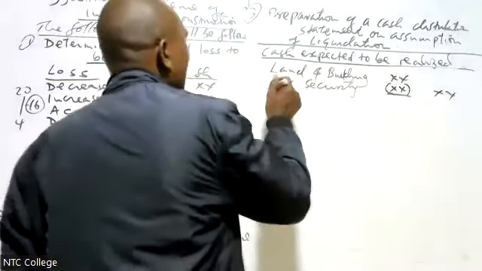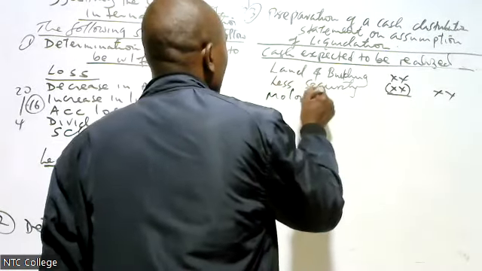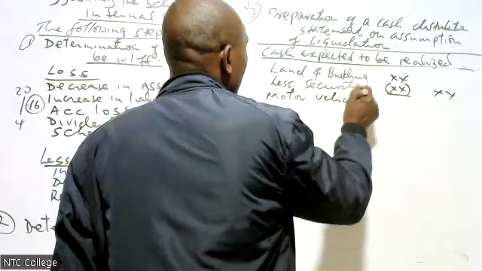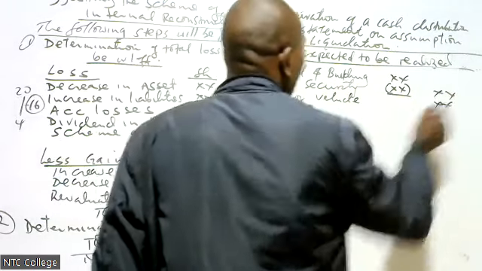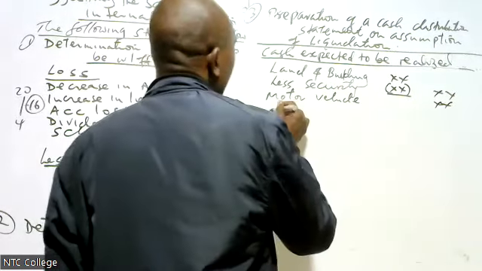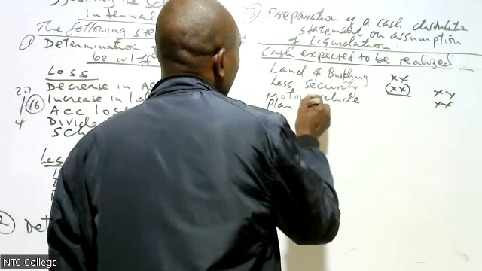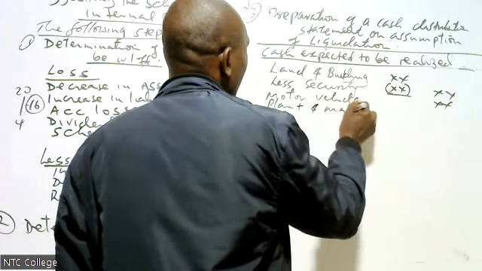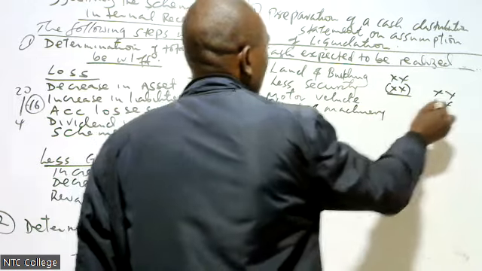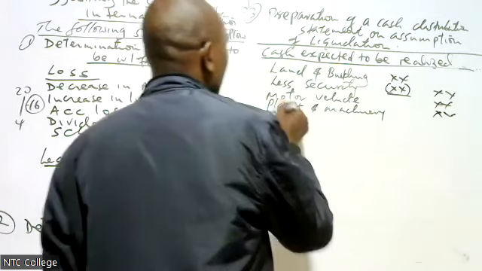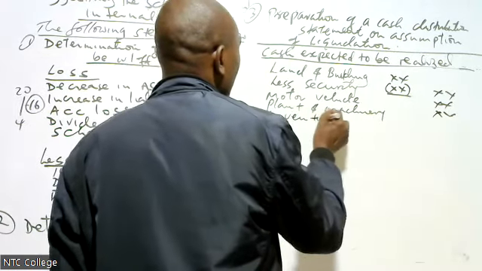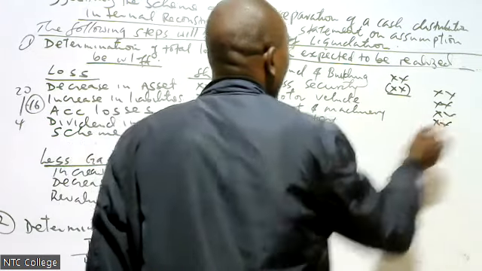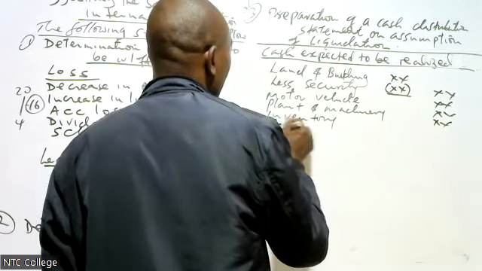Then, maybe I have motor vehicle. This is what I'm realizing. Maybe I have land and machinery. This is what I'm realizing. I have inventory. This is what I'm realizing. I have receivables.